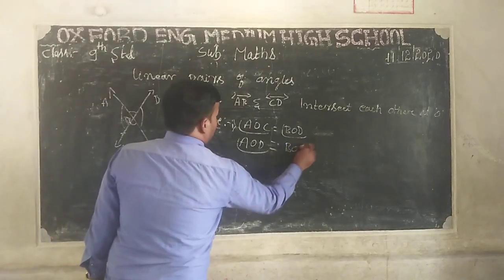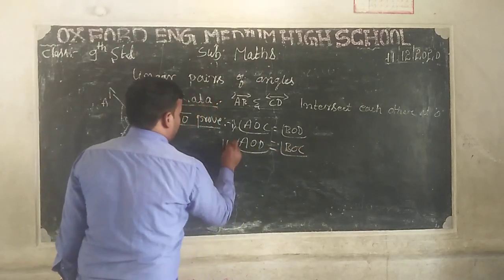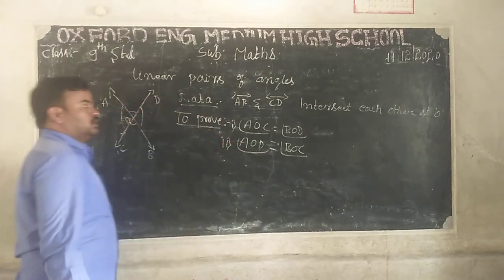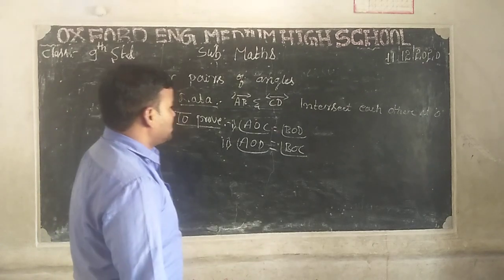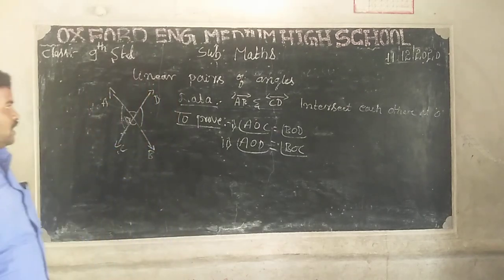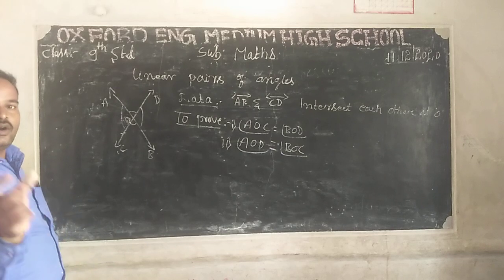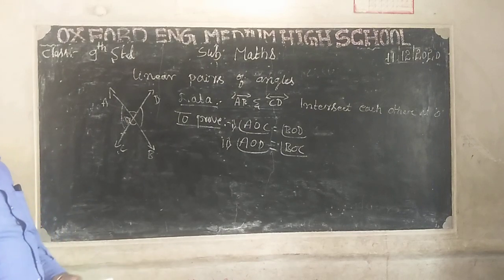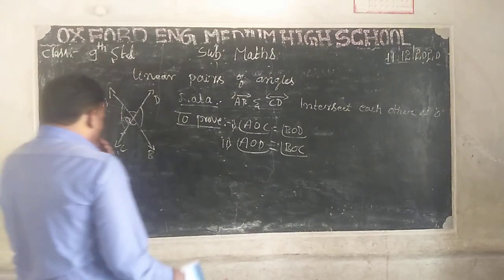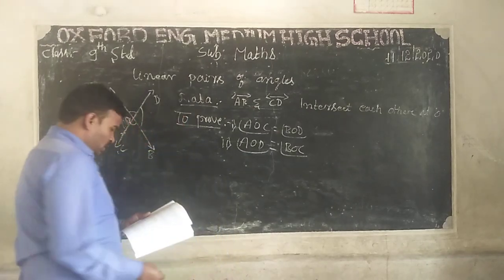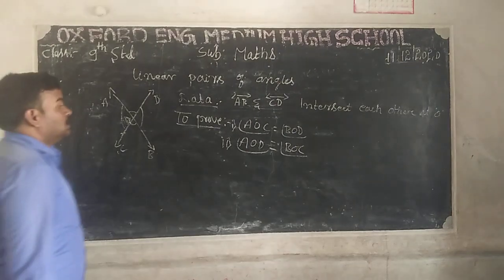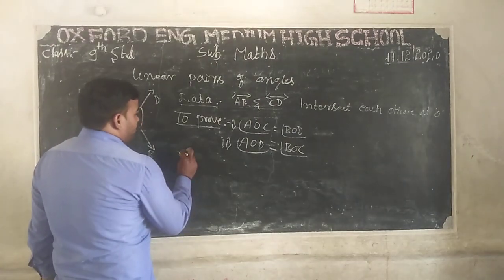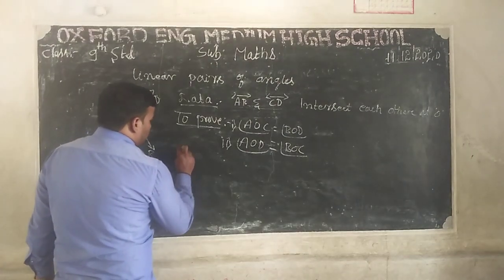So the first pair is AOC equal to BOD, and the second pair is AOD equal to BOC. Therefore, two pairs of angles are vertically opposite. Next, there is no construction in this theorem, so we go directly to the fourth step, that is, the proof.